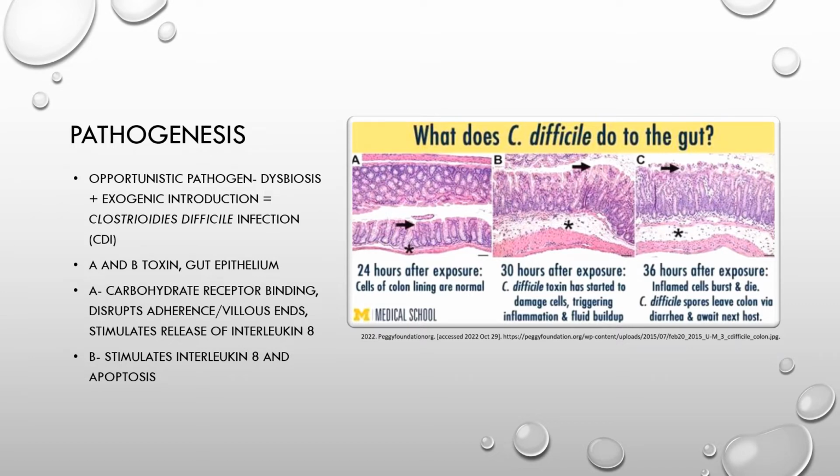Virulent C. diff strains produce two toxins, named the A and B toxins. The A toxin has carbohydrate receptor binding, and it disrupts adherence and villus ends of the gut epithelial cells that the C. diff infects.